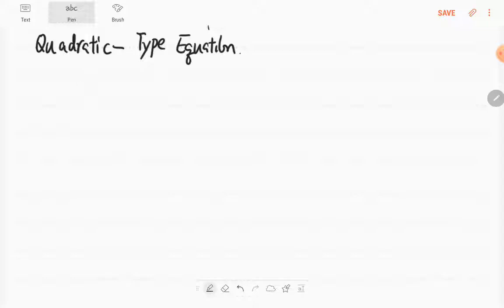So let's look at some examples to help you understand why we are interested in that. You have 7x to the fourth minus 6x squared minus 1 equals 0. Some students may complain, okay, this is not a quadratic equation. So what should we do?